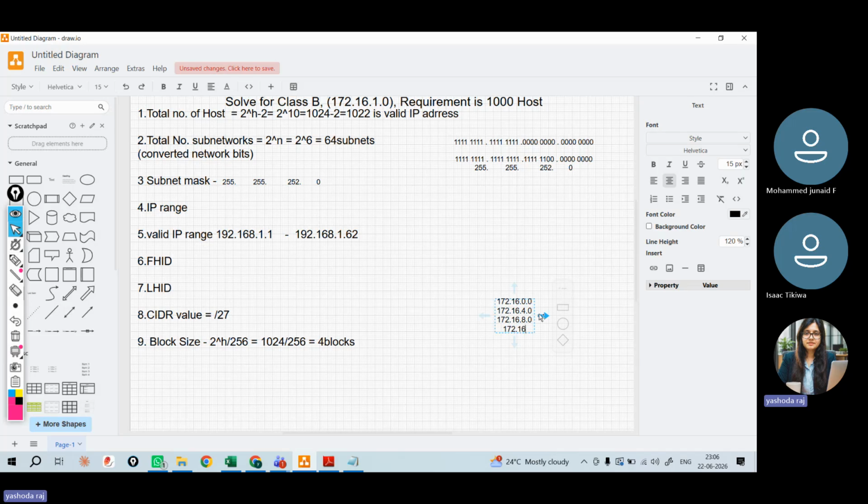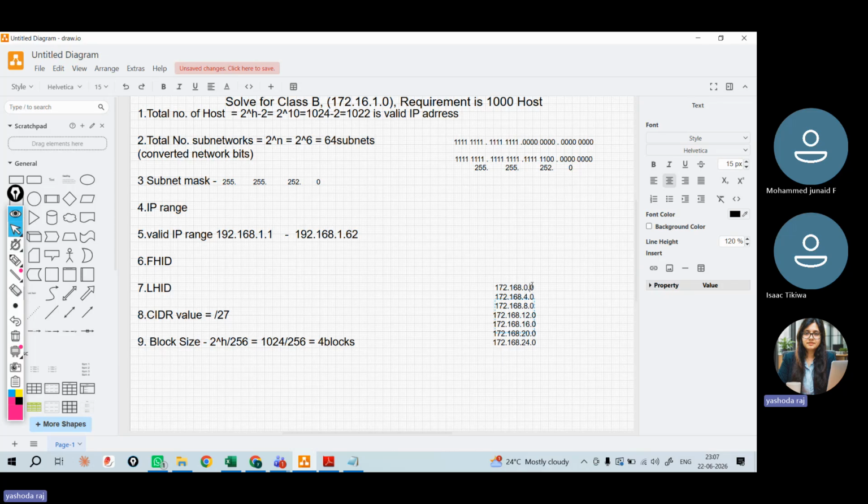Again, 8 plus 4, 172.16.12.0. Then 12 plus 4 is 16, so 172.16.16.0. Again 16 plus 4, 172.16.20.0, then 172.16.24.0. Like this.